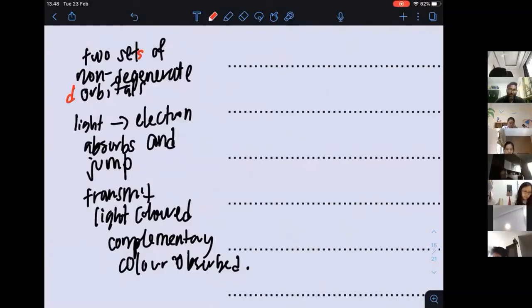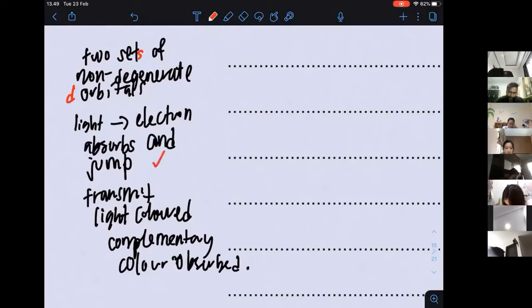And then when there is light, the electron absorbs the light energy and the electron will become excited, jumping from the d orbitals of lower energy to the d orbital with the higher energy.